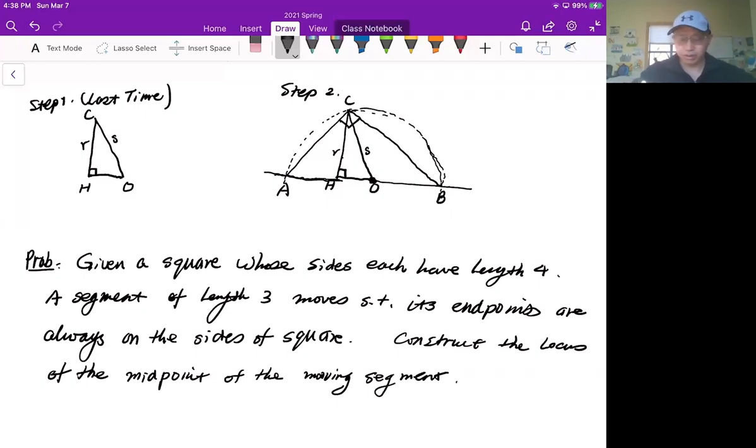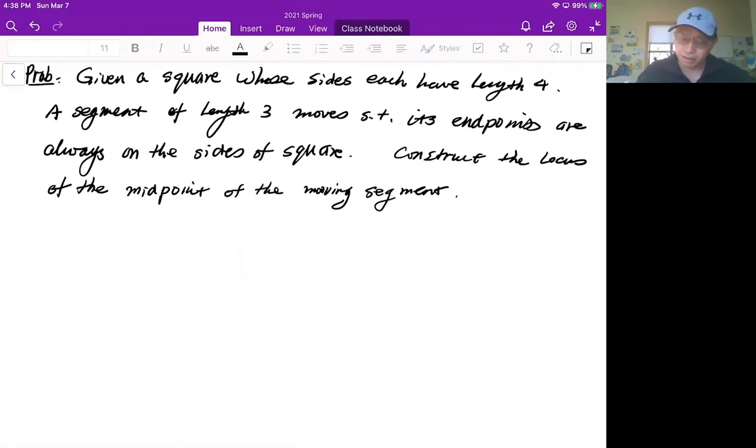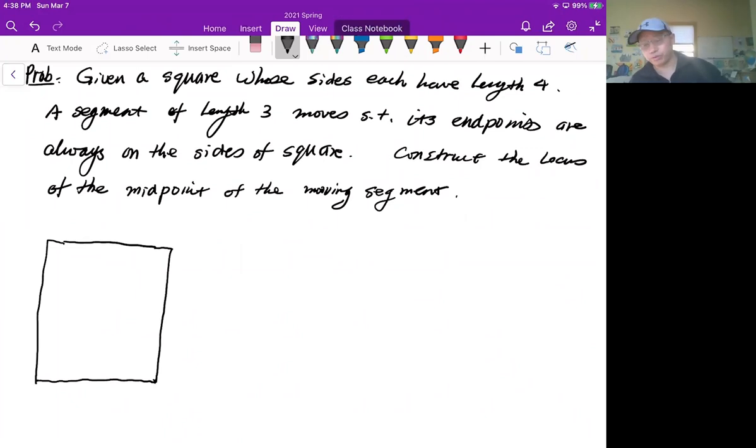Okay, so let me give you an example. Let me draw the picture here first. So first, I'm going to have the square, and the length of the square side is equal to 4, so 4 on each side.